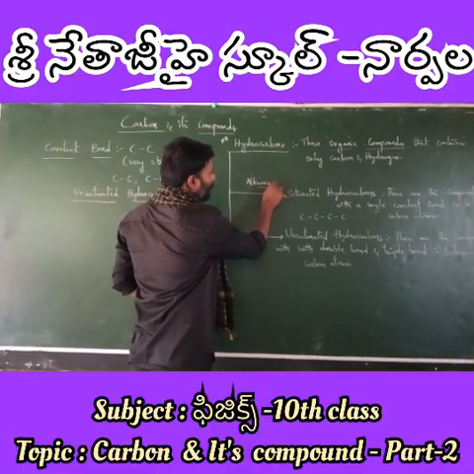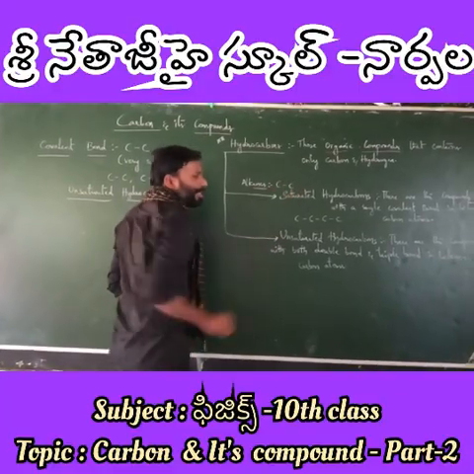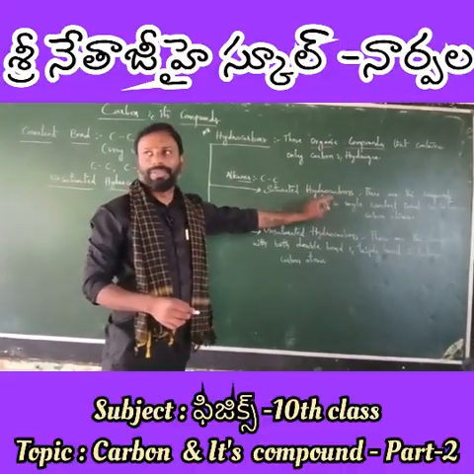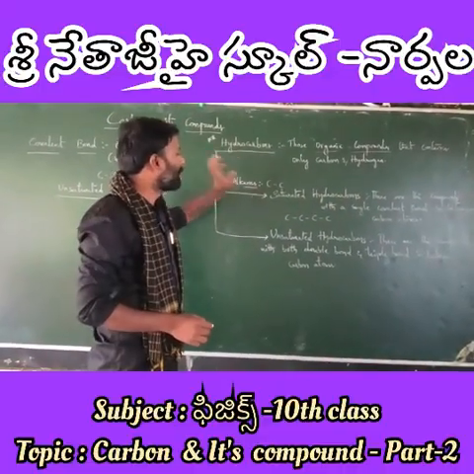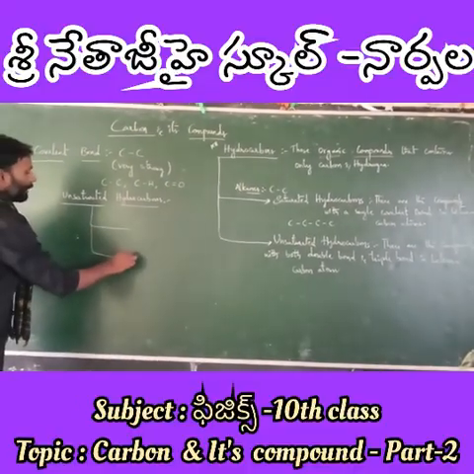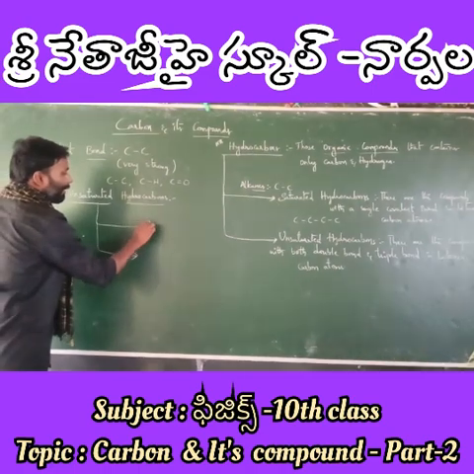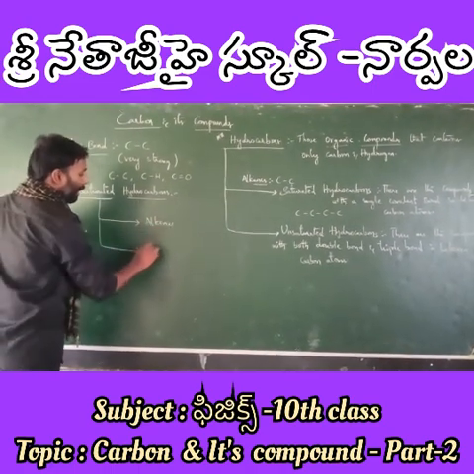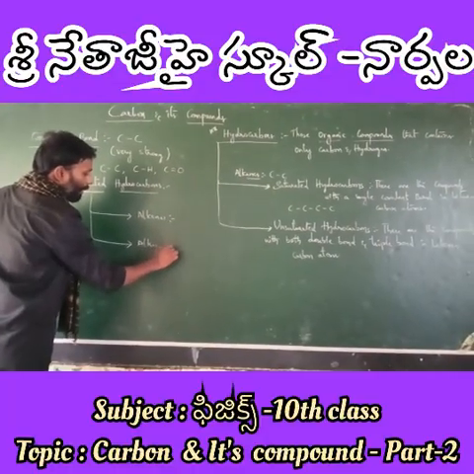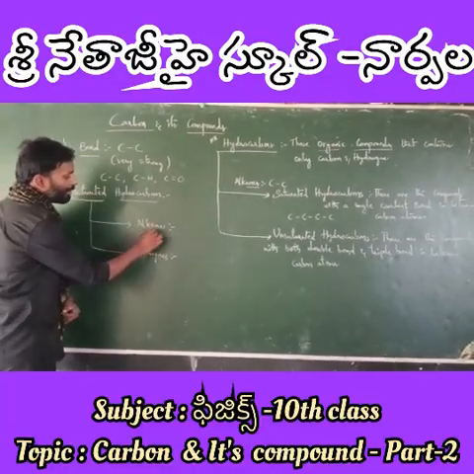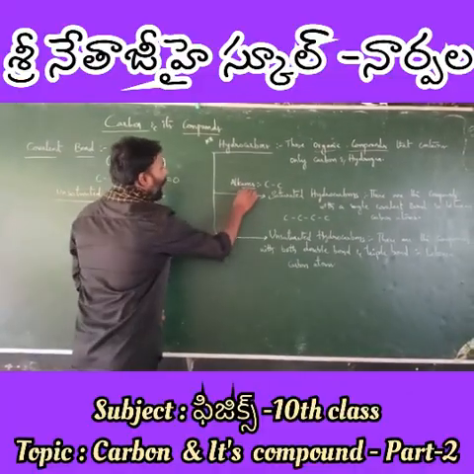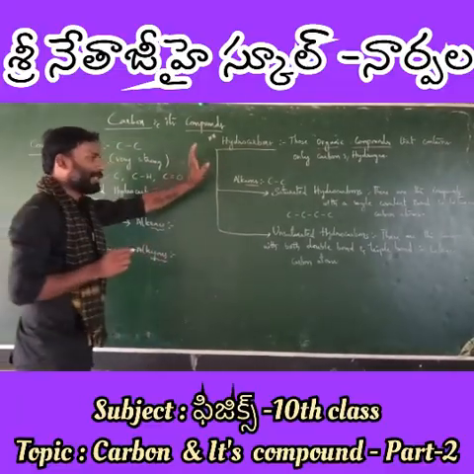Alkanes means there will be a single bond between carbon atoms, so all saturated compounds with single bonds are alkanes. Here unsaturated hydrocarbons are again divided into two categories: alkenes and alkynes. So from the last suffix, that is ene, yne and ane, these hydrocarbons are classified.